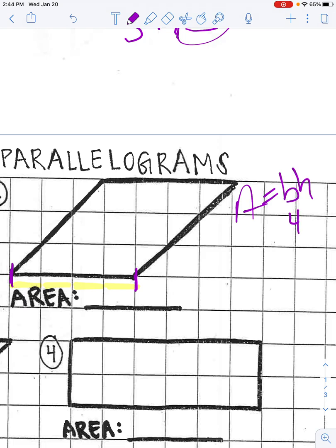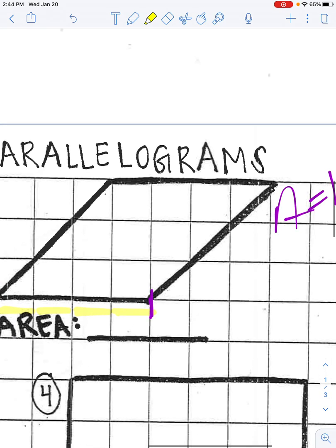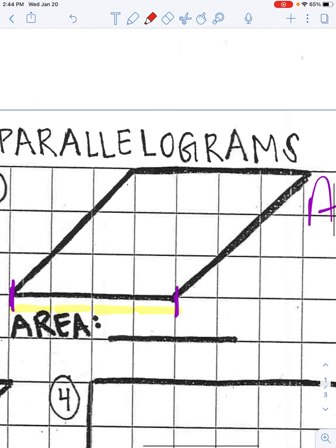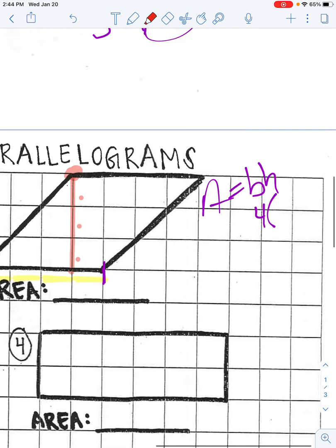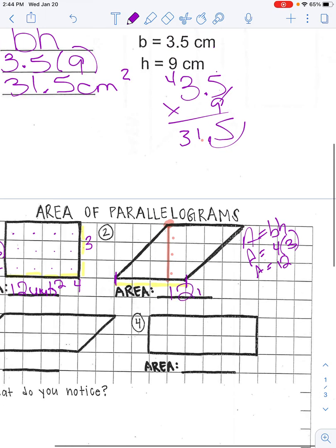So the base is 4 units. Height. Listen to me, you're going to go from the point straight down for the height. So 1, 2, 3 is going to be our height. So again, 4 times 3 is 12 units squared.